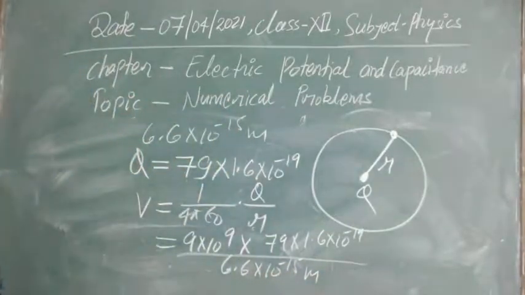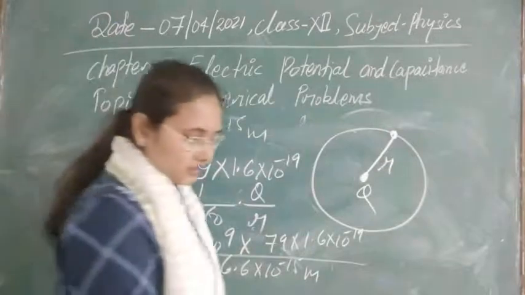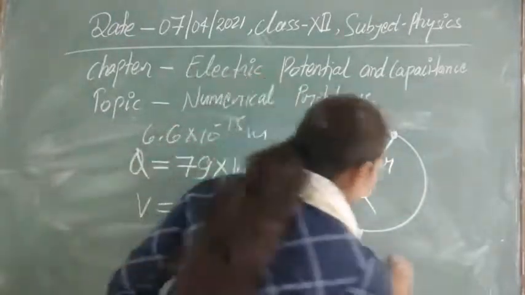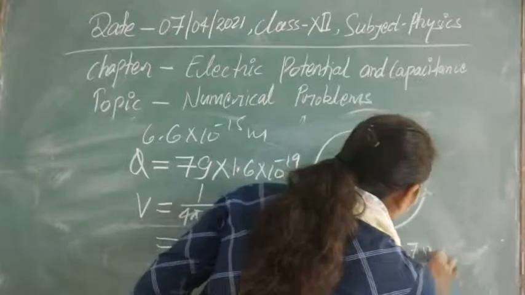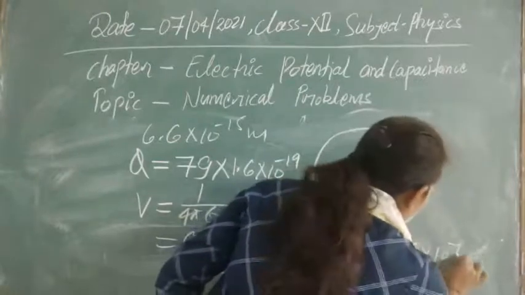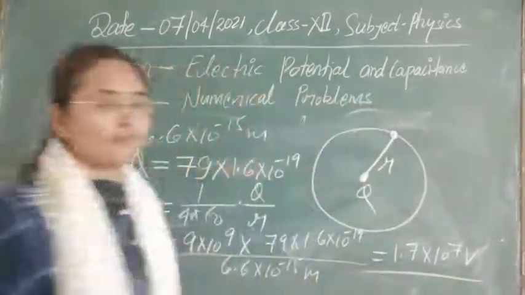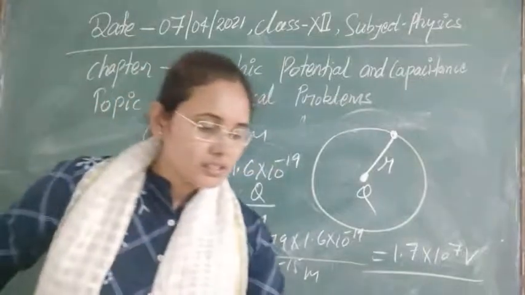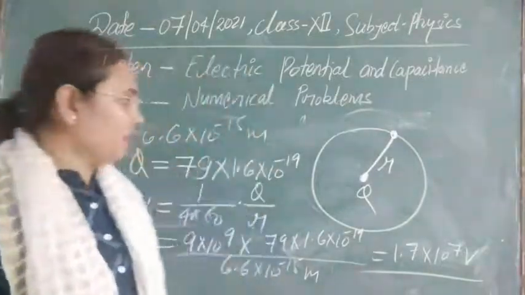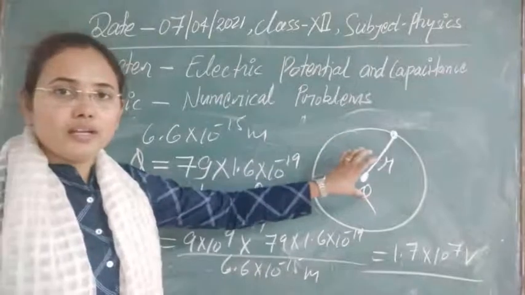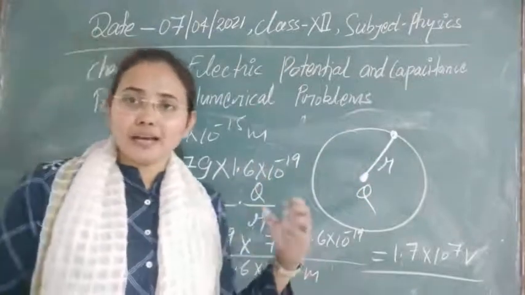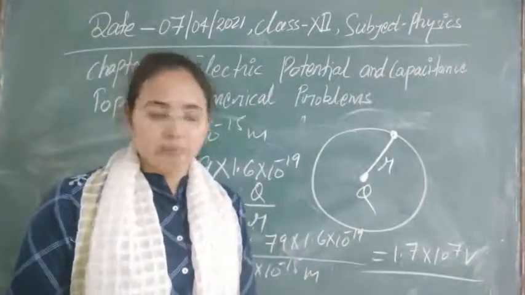So all these values we have, and after solving you can see its value will be equal to 1.7 into 10 to the power 7 volt. So this is the value of the potential on the gold nucleus due to the 79 protons that the gold nucleus is made up of.